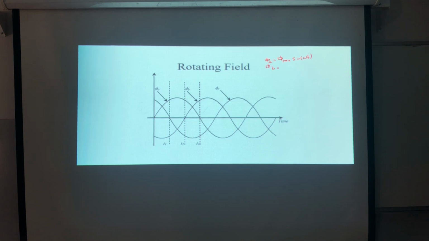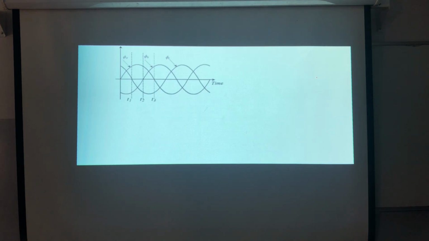Phi B will equal phi max sine omega t minus 2 pi over 3, and phi C will equal phi max sine omega t plus 2 pi over 3.